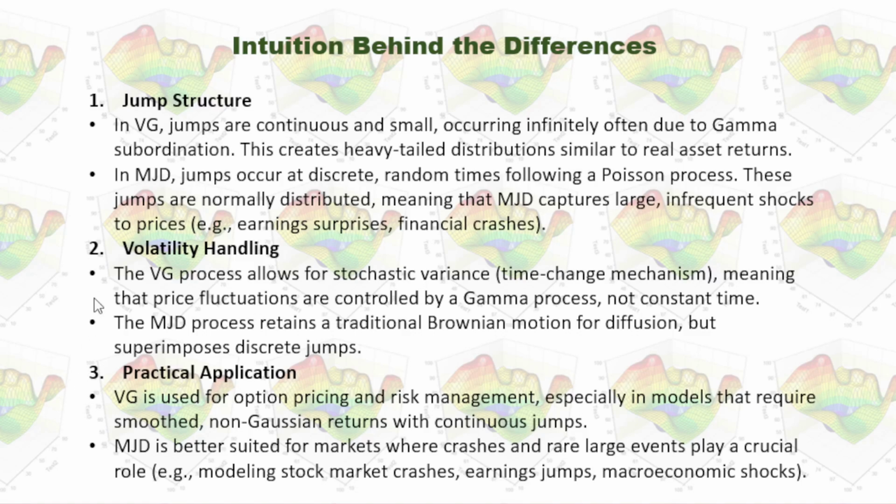When we use those processes, Variance Gamma process is used for option pricing and risk management, especially in models that require smoothed, non-Gaussian returns with continuous jumps. On the other side, Merton Jump-Diffusion process is better suited for markets where crashes and rare large events play a crucial role.